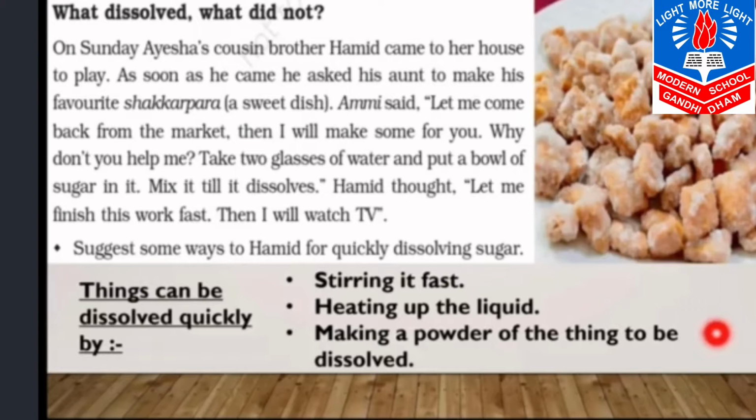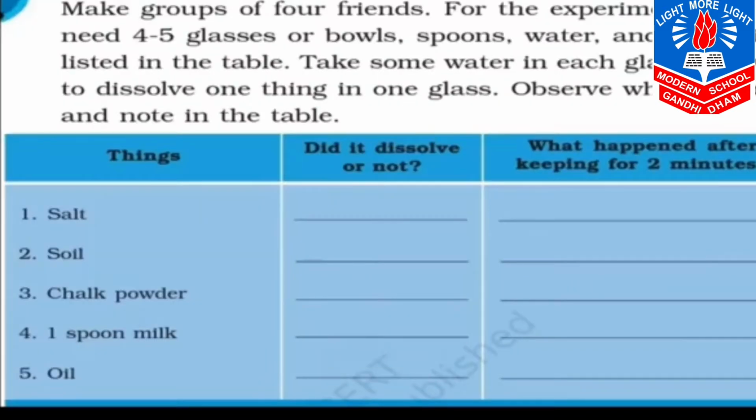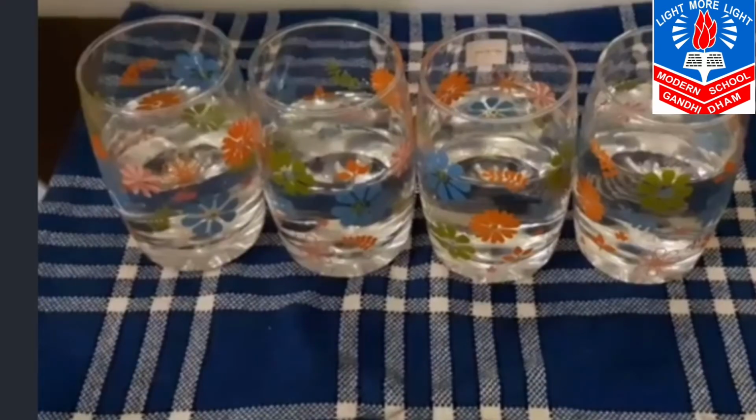Let us do one more experiment. For that you need to take 4 friends. That is, for this experiment you need 4 to 5 glasses, bowl, spoon, water and the things that are listed in the table. After that, take some water in each glass. Now try to dissolve one thing in one glass.